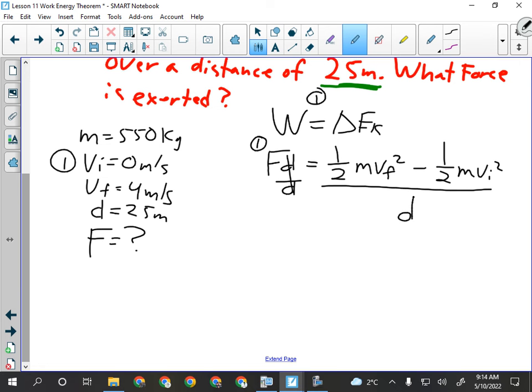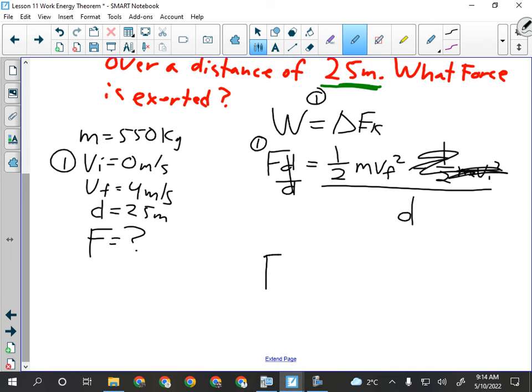Now, I'm also lucky in that I can simplify that side a little bit. What was my initial velocity? 0. So, what's 1/2 times m times 0 squared? Right. Okay, so I've got my formula. Now all I have to do is plug in my numbers.